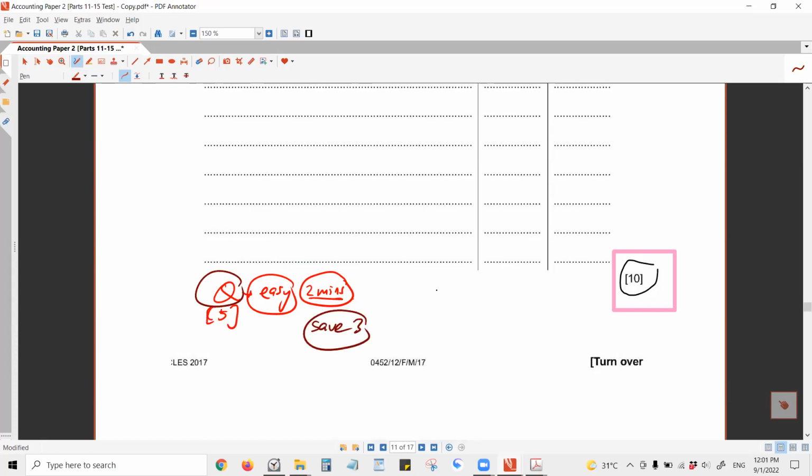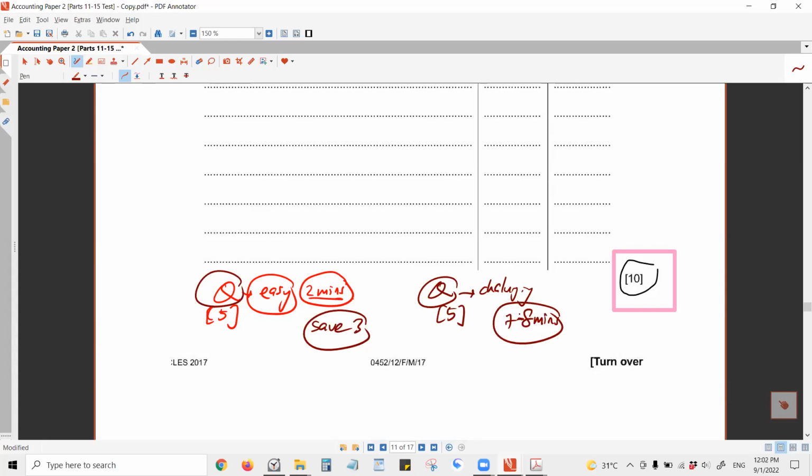For some questions which are more challenging, and this question is for 5 marks, maybe you have to spend more than 5 minutes, maybe 7 to 8 minutes. My point is everything would balance out.